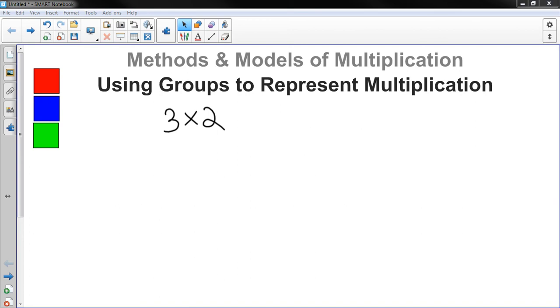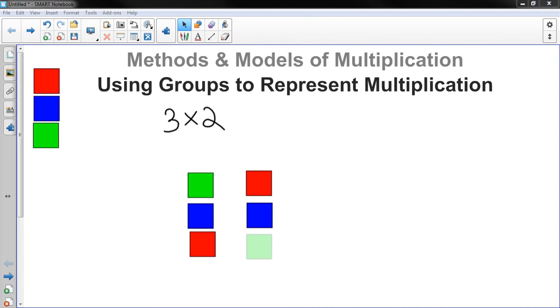So you could take some squares or tiles or anything, it doesn't have to necessarily be square, and start putting them into groups. And one way to do that is like this, where I have 2 groups of 3.